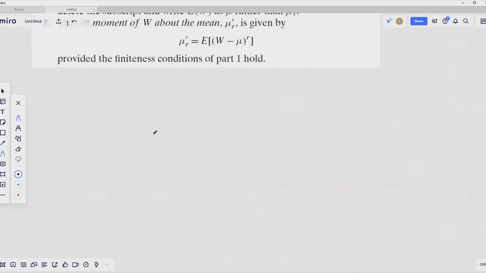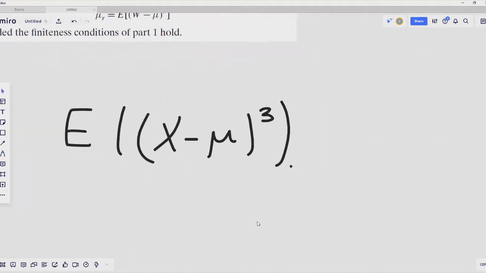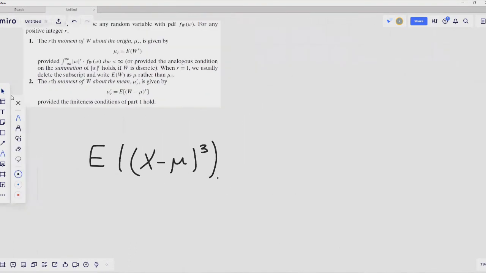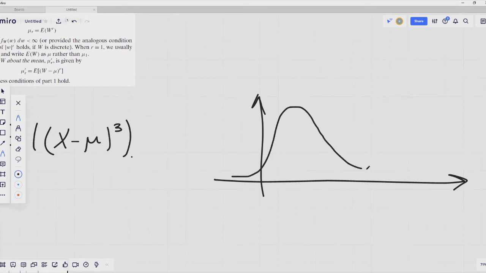Now, the third moment about the mean is going to show us the skewness of our random variable. So if our data has a positive skew, or its tail extends to the right, the PDF of the random variable, similar to the PDF here, is known as positively skewed.